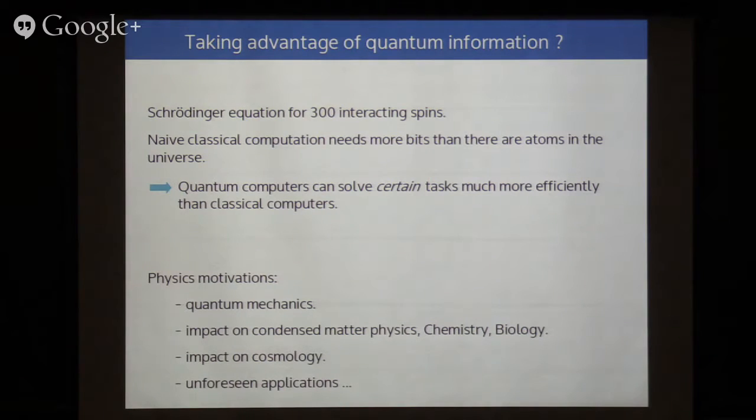But for the researchers in the field, I think the motivation is different. Many of us are interested in understanding quantum mechanics. So we like to play with quantum mechanical systems to understand better how they work. Also, the field has started to impact condensed matter physics seriously, helping to classify quantum phase transitions, for instance, and also chemistry and biology.